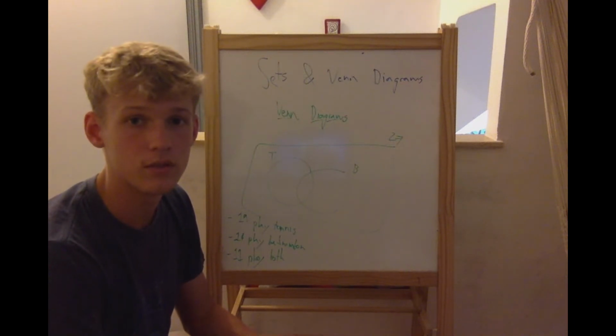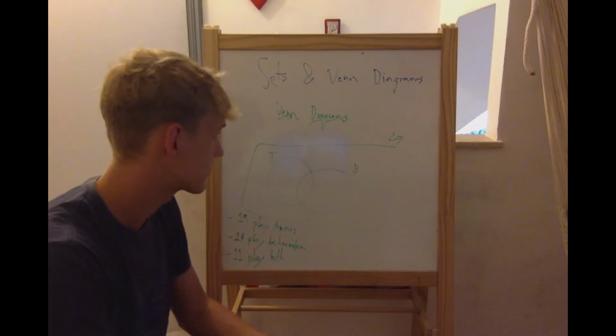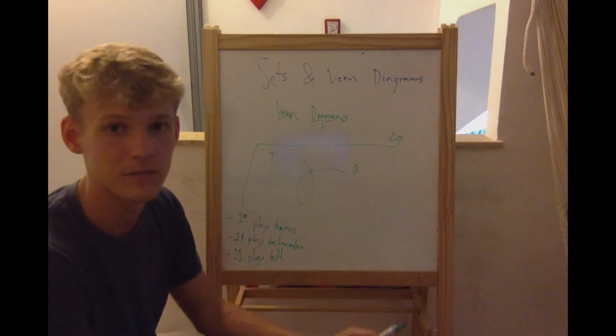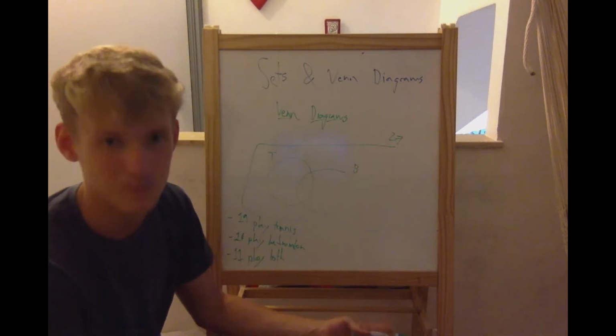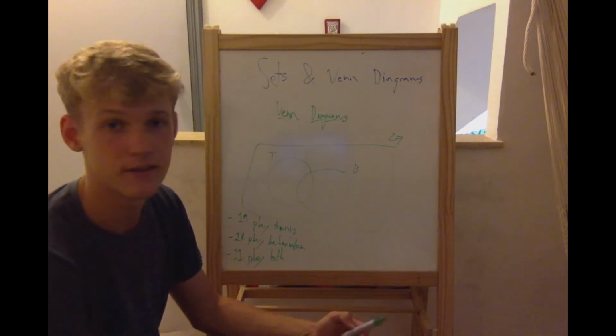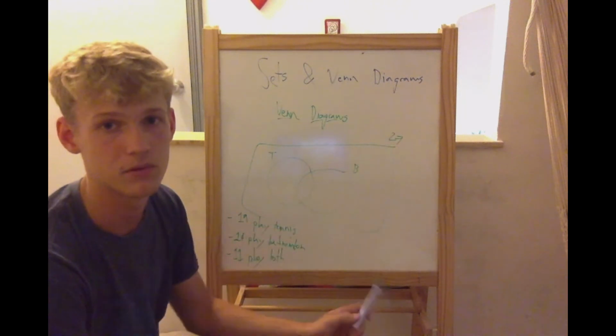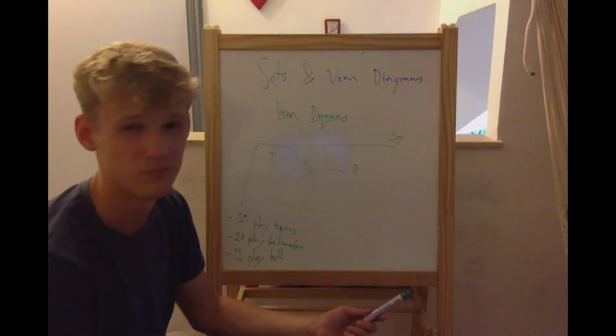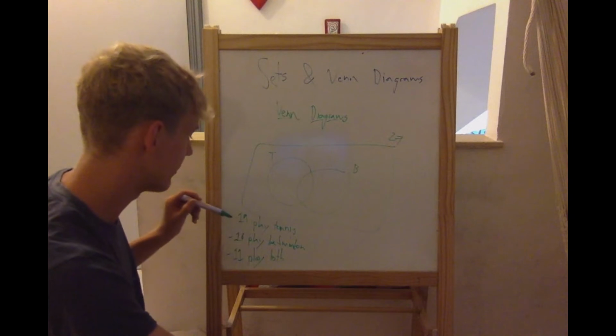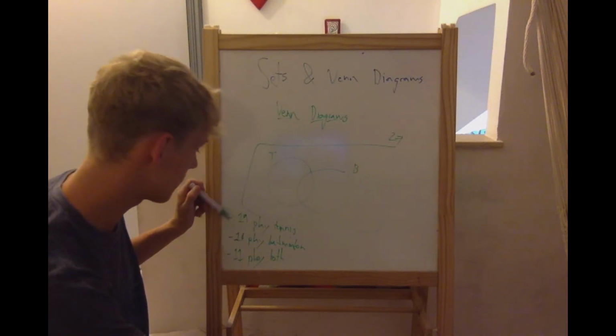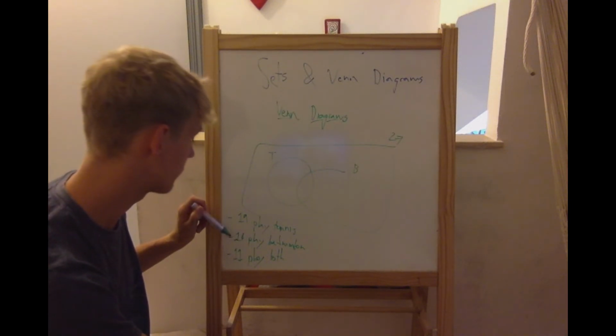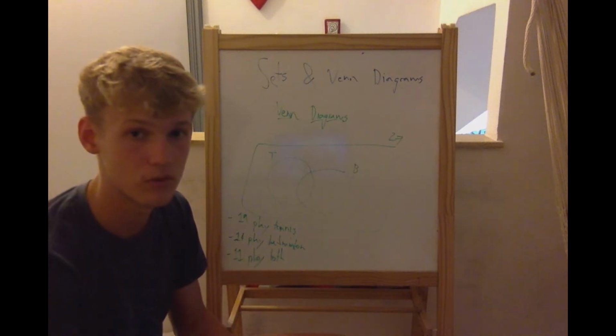Often you will see questions like this, where you're given the amount of people that there are who play a sport or are in a class. So in this case, there's 27 people in a class, in a room. And we know that 19 of them play tennis, 14 of them play badminton, and 11 of them play both.